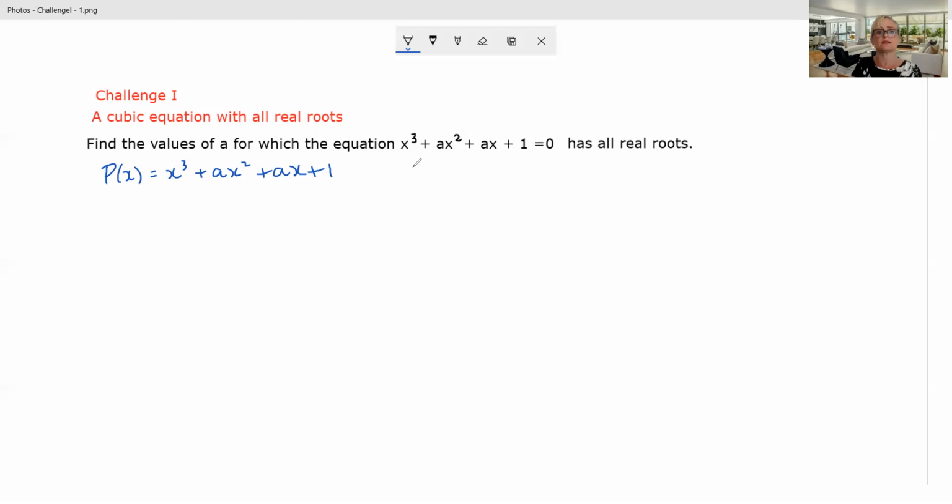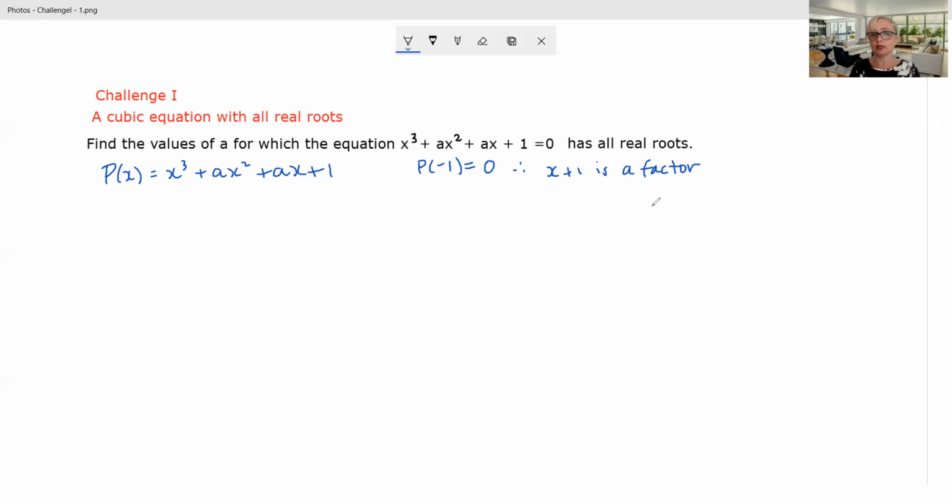It's pretty obvious that p of negative 1 is going to be 0 because you're going to get negative 1 plus a minus a plus 1, so equals 0. So therefore, using your factor theorem, you would know that x plus 1 is a factor. Then you could go ahead and do a polynomial division to work out what your quadratic component is.